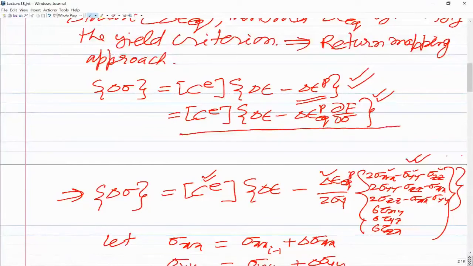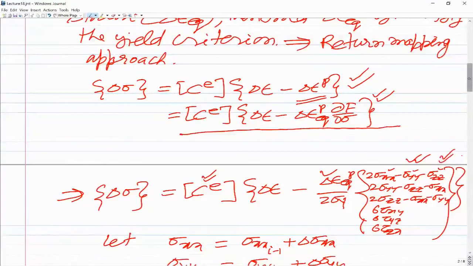But when I write del F by del sigma in this manner, it is for isotropic hardening. If we want to do it for a general case, then you also have to include the alpha terms in del F by del sigma xx and all the other terms.